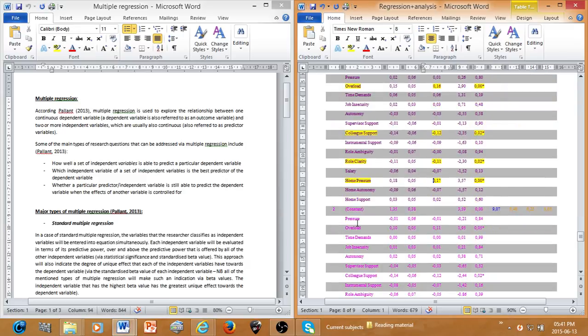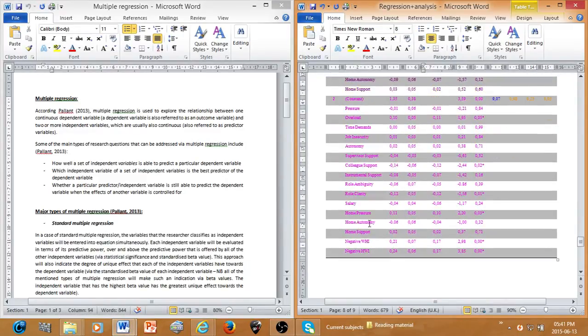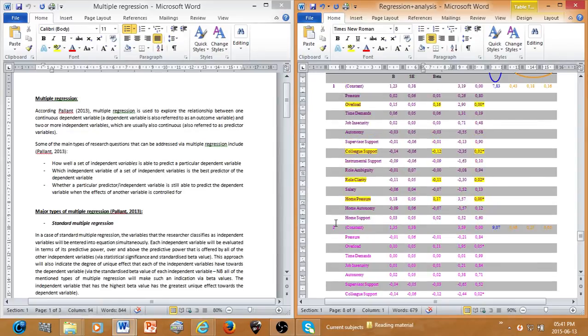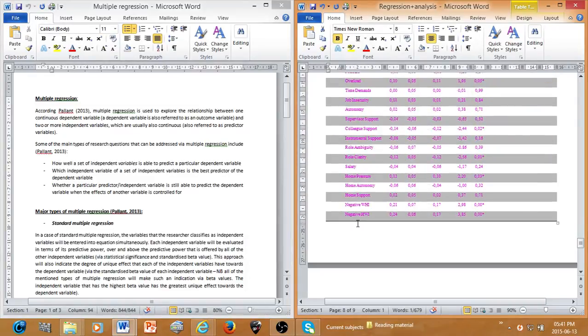Now you'll see all of the variables are the same up until home support, but then in the second stage, as indicated over here by number 2, two additional variables were entered into the multiple regression, and these concerned negative work-home interaction and negative home-work interaction.